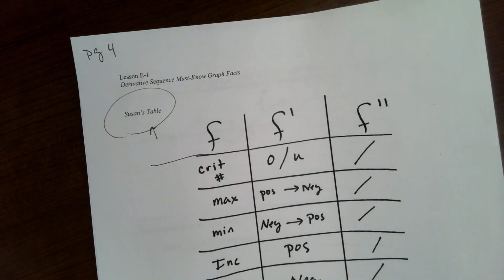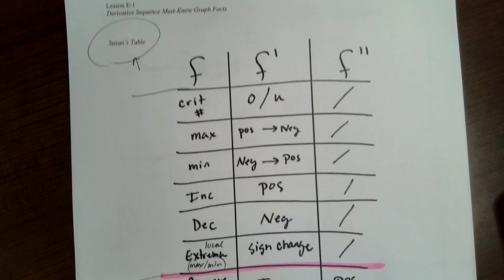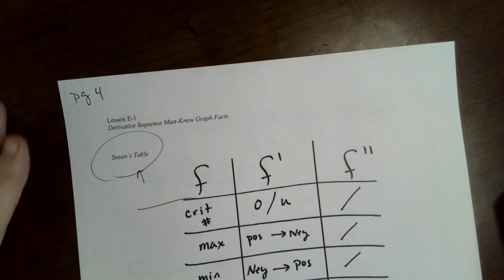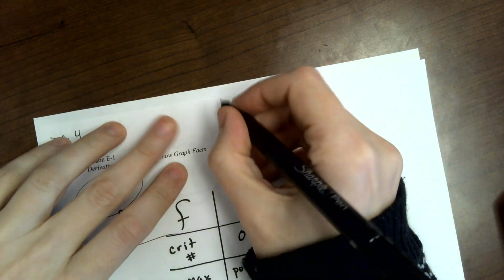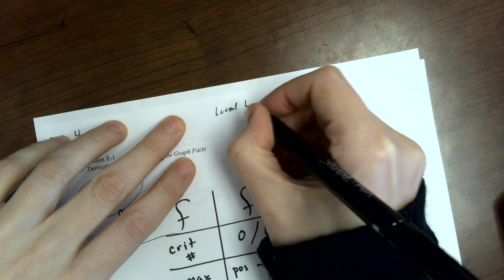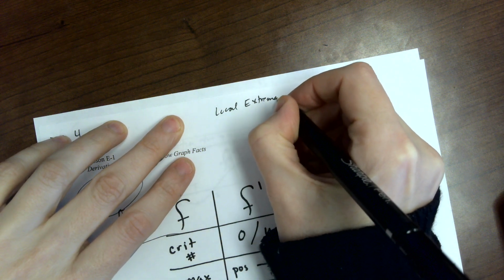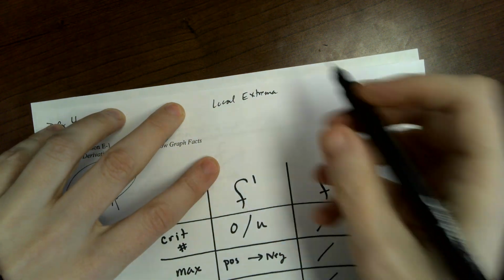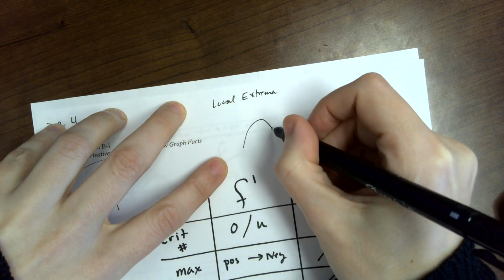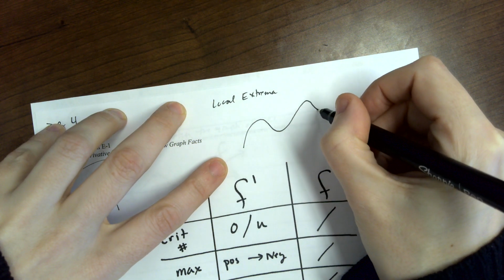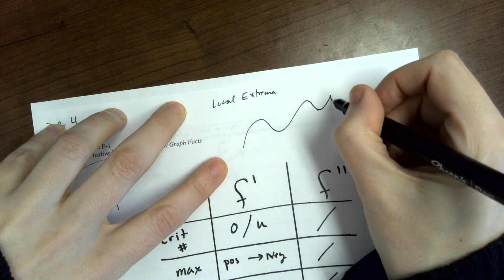But before we get there, I just want to talk about local extrema. So let's go like this. I'm just going to go a little bit curvy, and then let's do a sharp corner there.